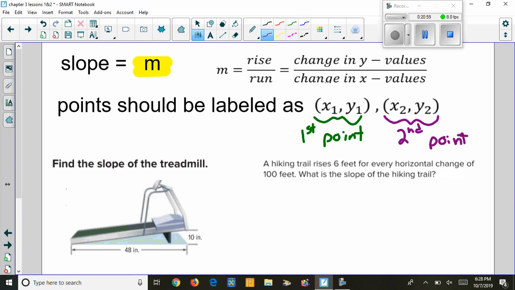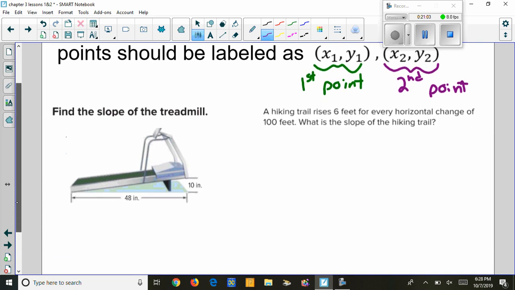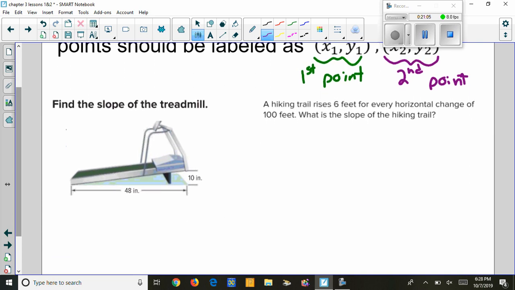Before we get to those, let's look at these two examples of slope in your real life. I have this treadmill, and we can actually turn this into a triangle. And this triangle has a slope.